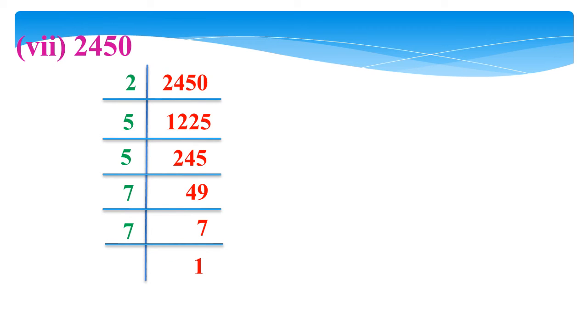Finally, to express 2450 as the product of the factors, 2450 is equal to 2 into 5 into 5 into 7 into 7.